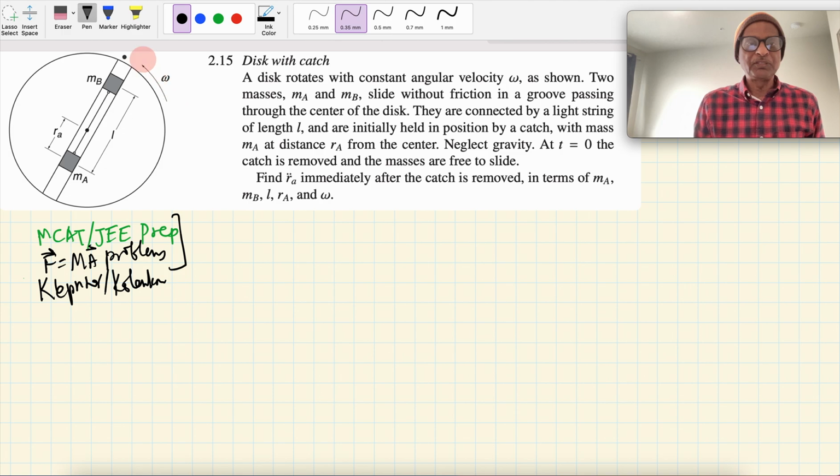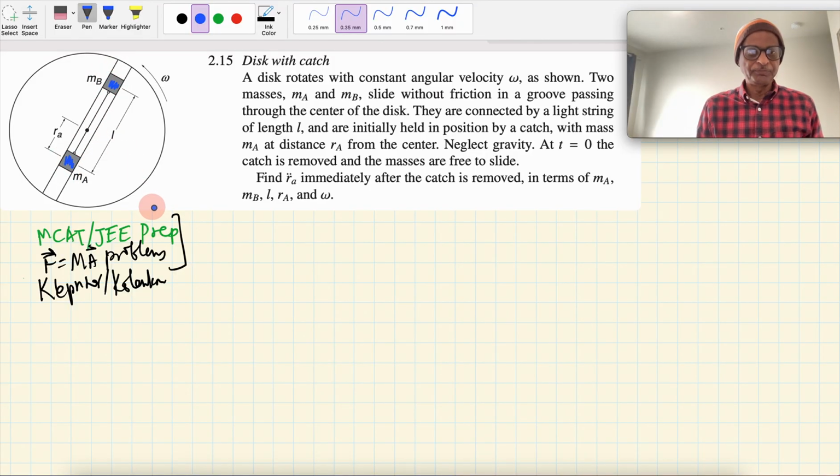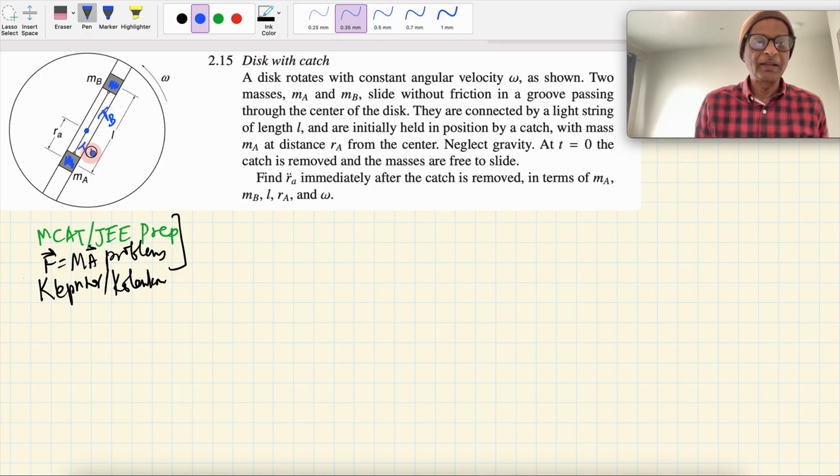So here's a disk which is rotating, and you have a block here and a block here. And there's a string connecting them, and something is holding it here. So there may be a tension on this side, string TB, and on this side, string TA.